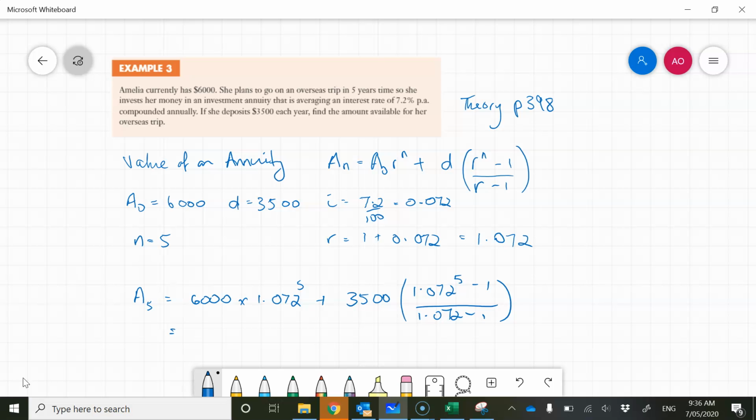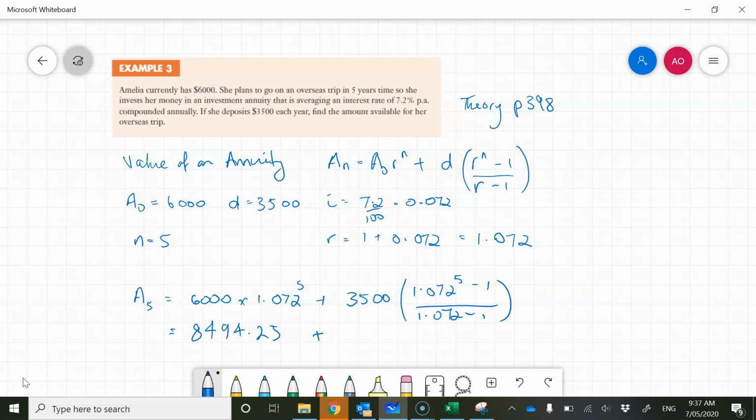And the first set here is 6,000 times 1.072 to the 5th power, which gives me $8,494.25. And this section here, the 3,500 times (1.072 to the power of 5 minus 1) over (1.072 minus 1).